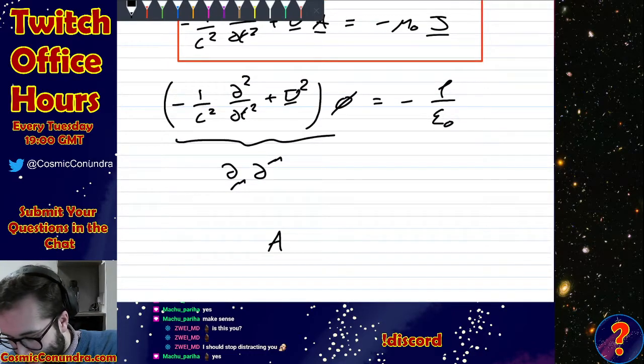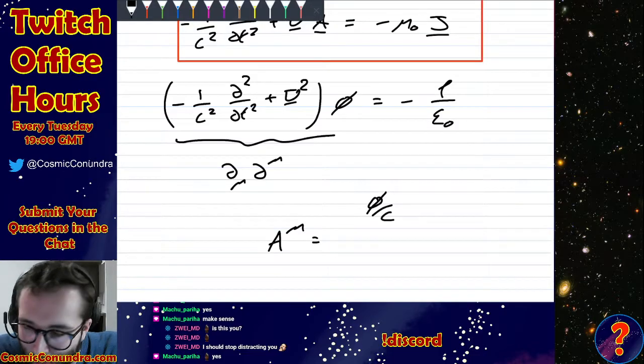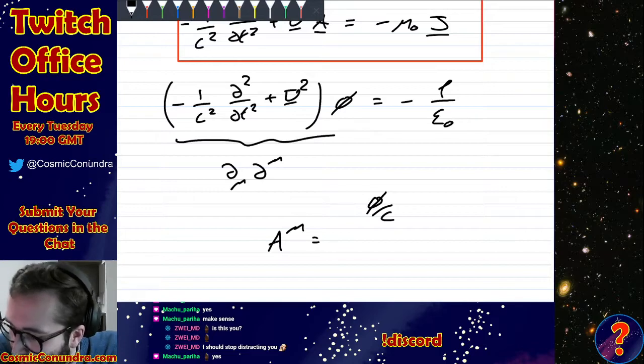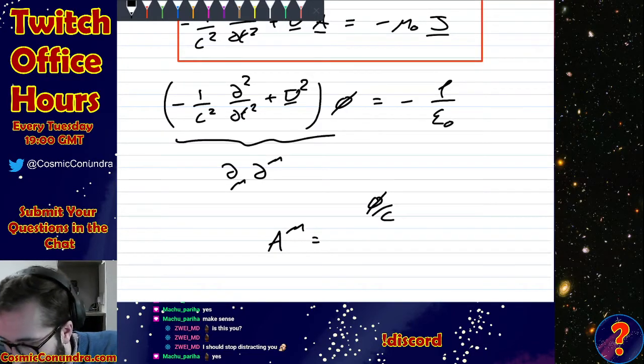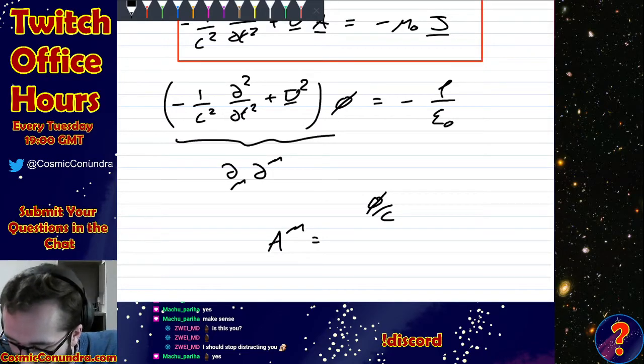I define the 4 potential to have a time-like component, or 0 component, phi over c. Again, this would all be easier if we'd set c equal to 1, but like I mentioned earlier, I don't, because we want to compare this in the end with Maxwell's equations, where typically we don't have c equal to 1, because it's not so convenient. I'm not going to drop the c's right now.